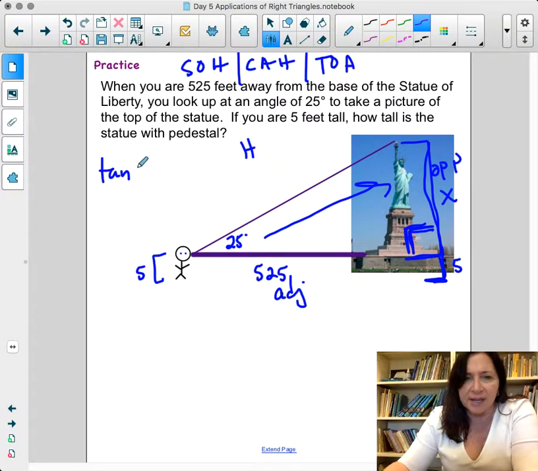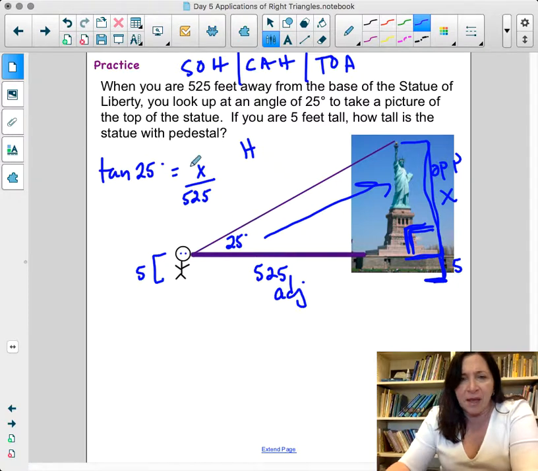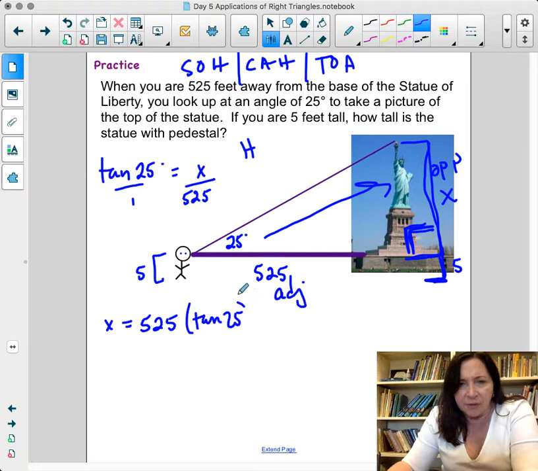So you're going to say tangent of 25 degrees is equal to the opposite side over the adjacent side. So that's x over 525. And so we're going to cross multiply. So x equals 525 times tangent of 25 degrees.